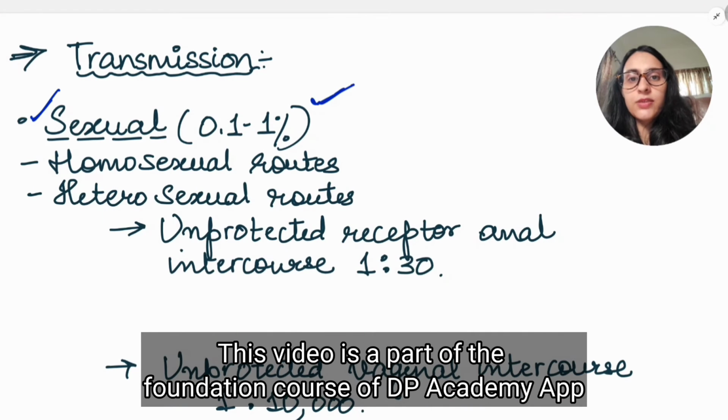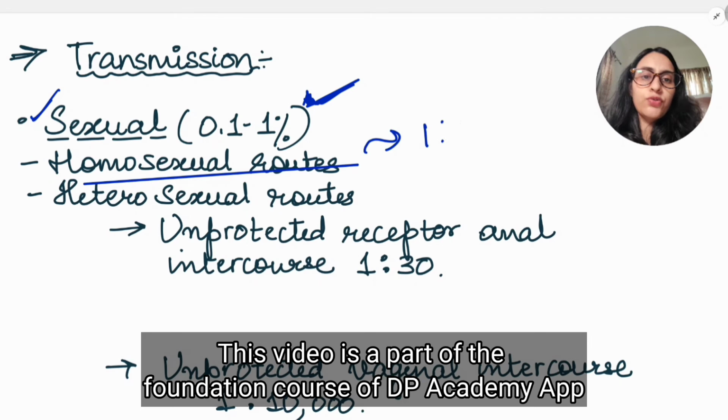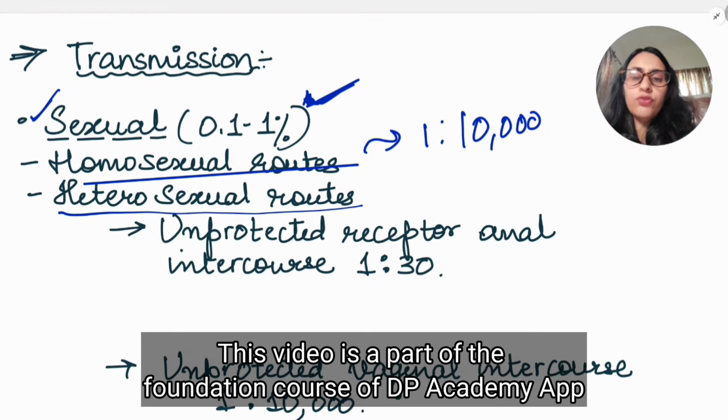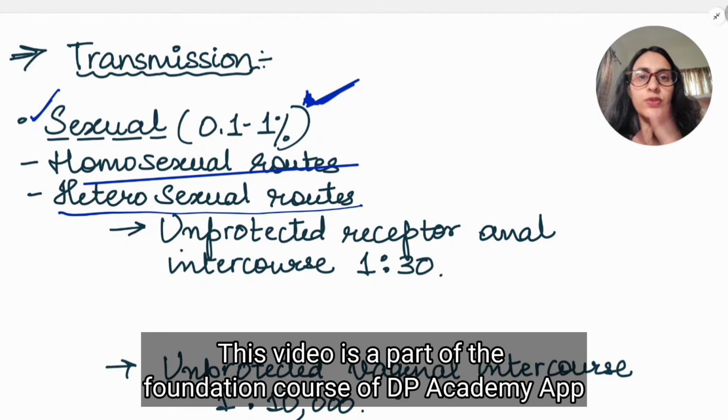Sexual transmission is the one that is seen more commonly. In that, either it is a homosexual route, but for unprotected vaginal intercourse, the incidence is 1 in 10,000, while for heterosexual, this is homosexual, guys. Homosexual means same sex. That means we are talking about anal intercourse.